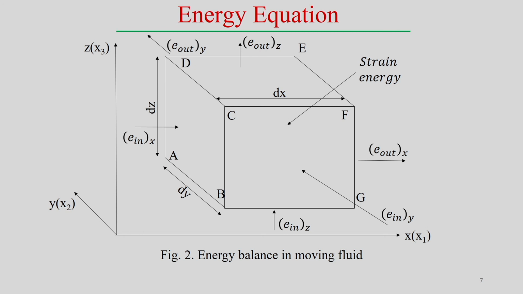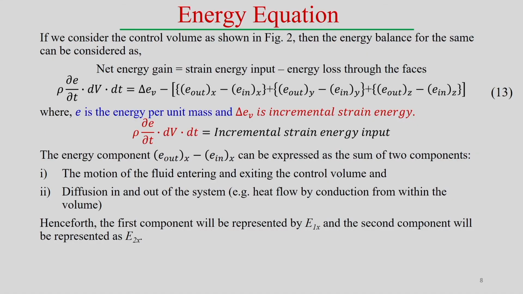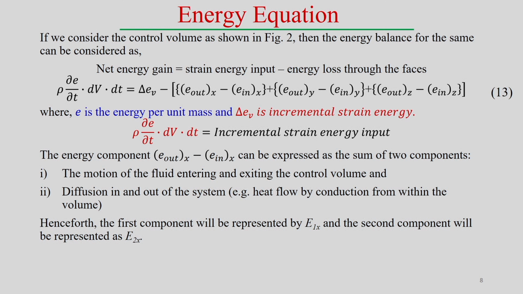From a similar point of view, it is the same kind of exercise we did for the momentum equation. There, for the momentum we looked into the force equilibrium for this particular element, but in this case we look into the energy balance within the particular element, and from that we can estimate the energy conservation equation. Now, if we consider the control volume in figure 2, then the energy balance can be considered like that.